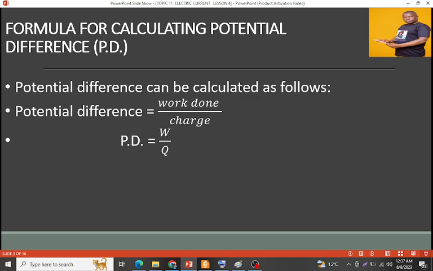You can write this in symbols as V, where V stands for voltage. Potential difference and voltage are one and the same. So V is equal to W over Q, or work done divided by charge.